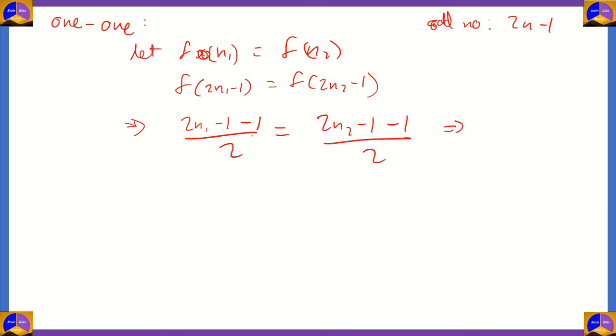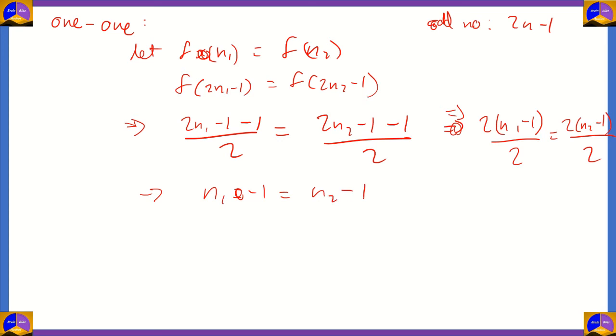It is basically 2n1 minus 2 divided by 2 equals 2n2 minus 2 divided by 2. We can simplify that as 2 into n1 minus 1 divided by 2 is equal to 2 times n2 minus 1 divided by 2. 2 gets cancelled, so n1 minus 1 equals n2 minus 1.